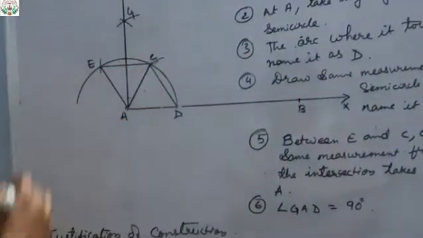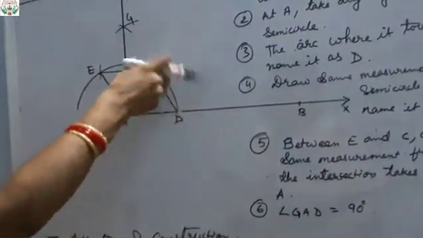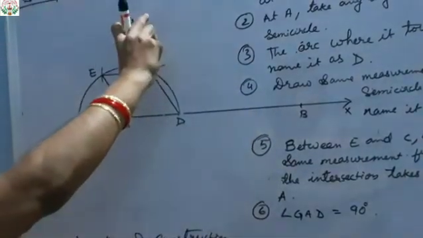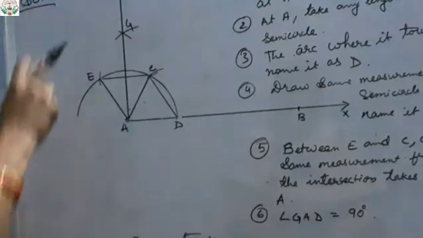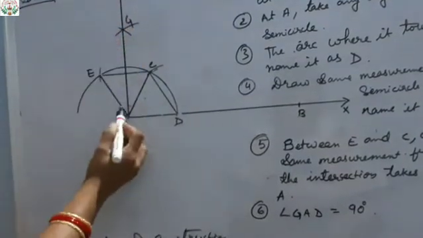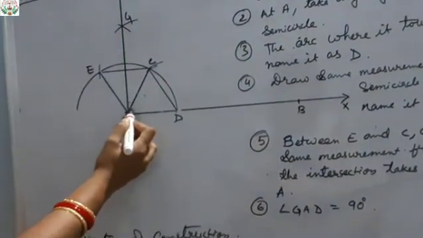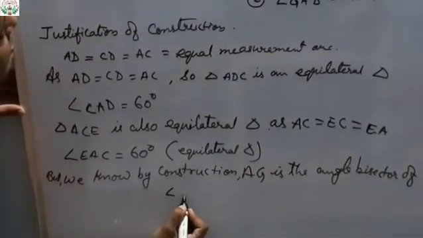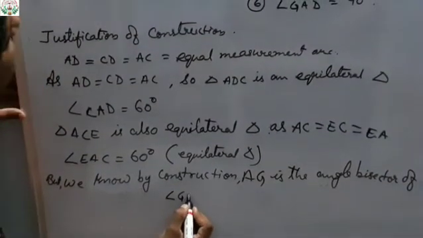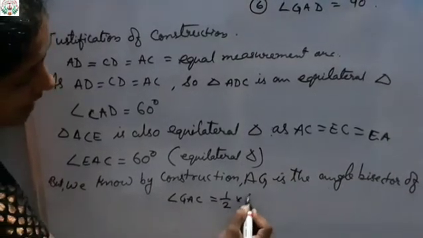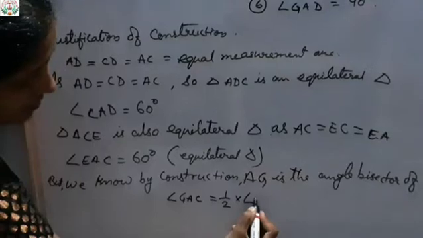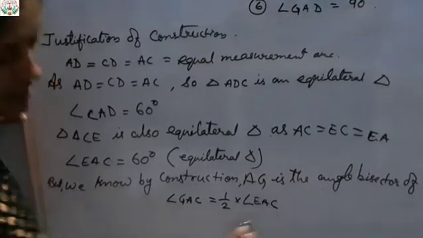This is the angle bisector of, because what we did with the same measurement arc, we have done an arc this side, and from E also cut the arc to make 90 degree. So this is what? Angle bisector of angle EAC. So that is equals to angle, you can write GAC equals to half of angle EAC.